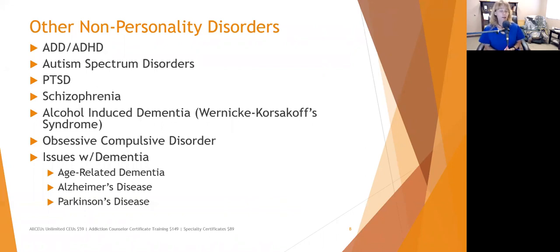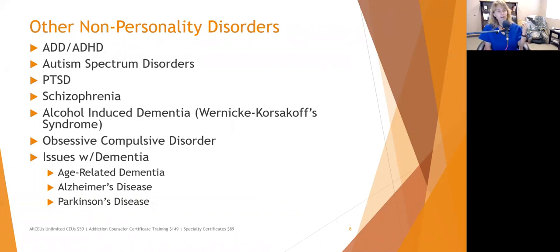People with Alzheimer's are going to show some symptoms of dementia, and these symptoms will often get worse over time. So if you're working with somebody with Alzheimer's, you have to know how to communicate with someone who has dementia. And people with Parkinson's disease, and you're like, well, Parkinson's disease is not a brain disease. Well, it kind of is.